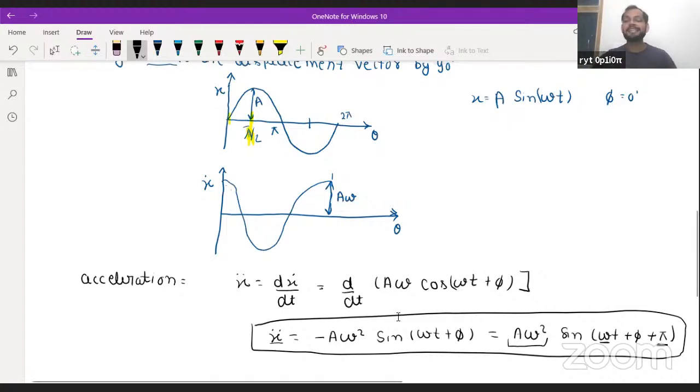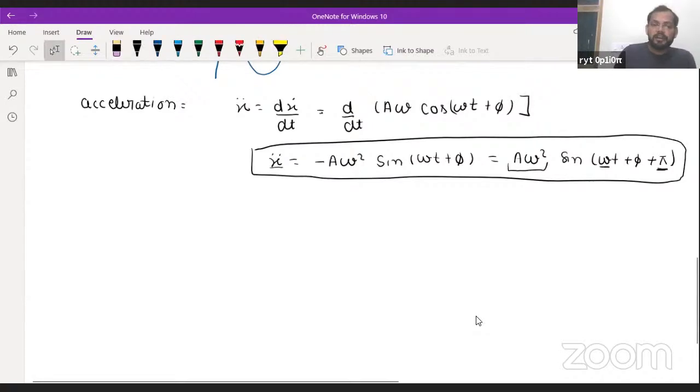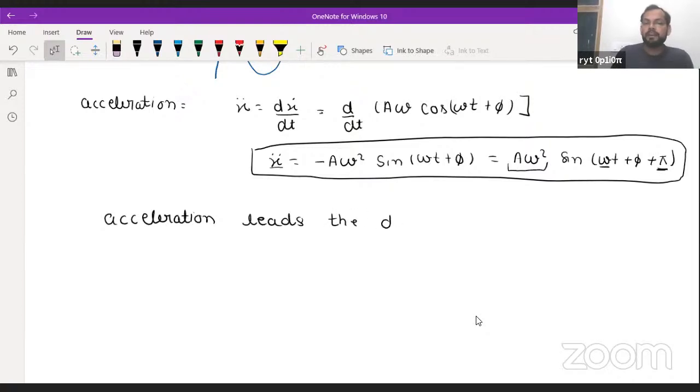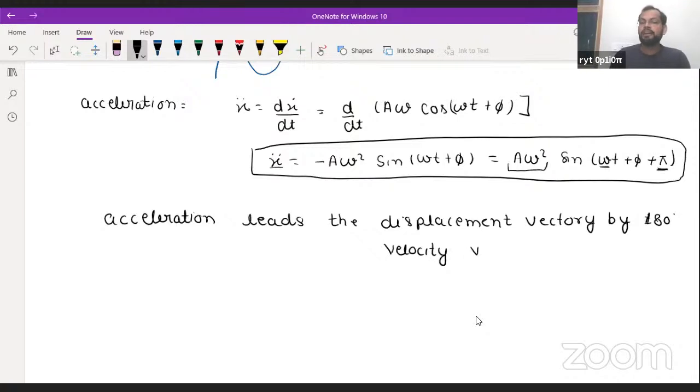See here, the acceleration leads the displacement vector by pi, or you can say 180 degrees, and leads the velocity vector by 90 degrees. So again, it is a key point. What is the key point?